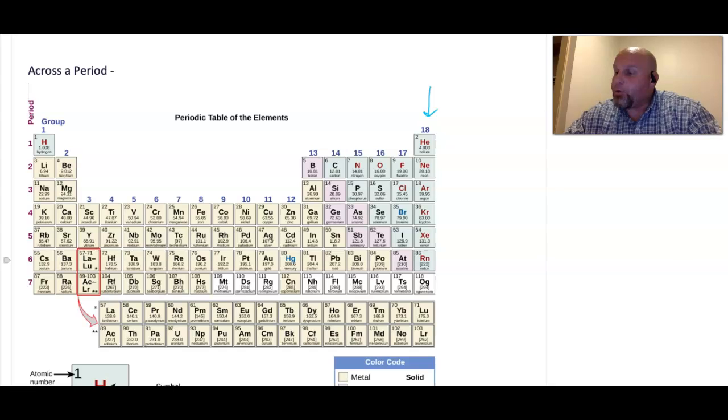So if I'm over here at group 7, these halogens all have 7 valence electrons. So they're only 1 electron away from filling their octet. So the chances that they are going to give an electron up easily and get further from the filled octet are slim, which means I have a high ionization energy over here.